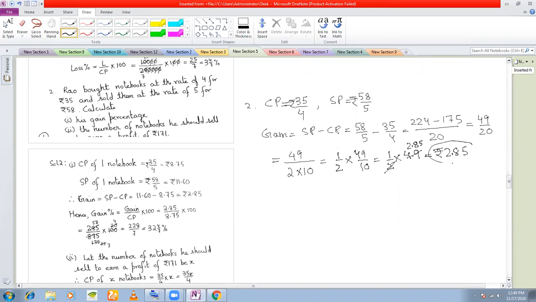So this is the decimal representation. You can work with this fraction also. I have just shown you how to convert this fraction to a decimal. So rupees 2.85 is his gain.